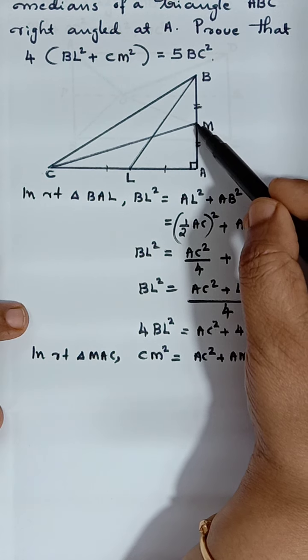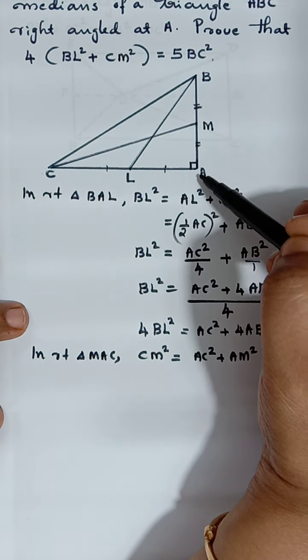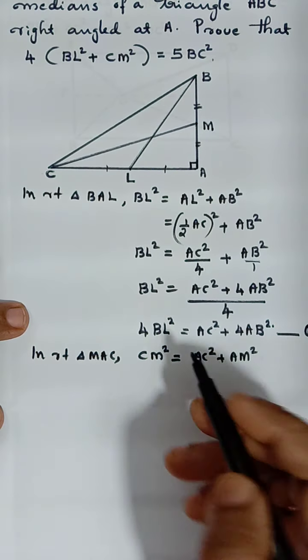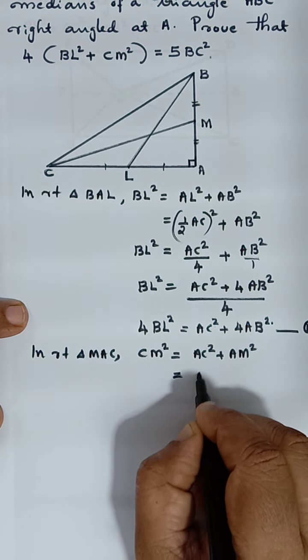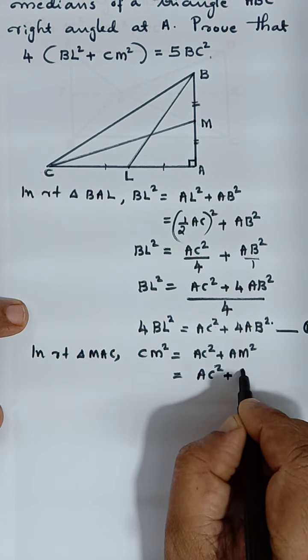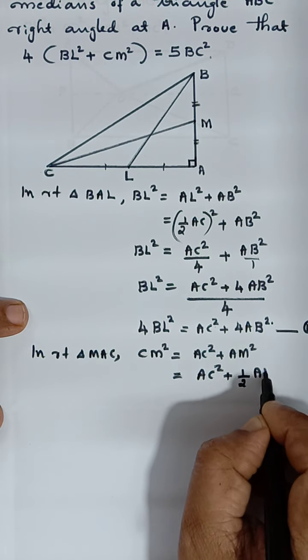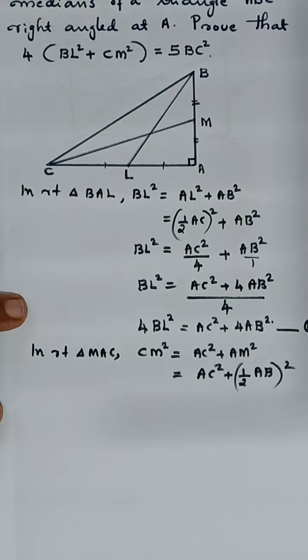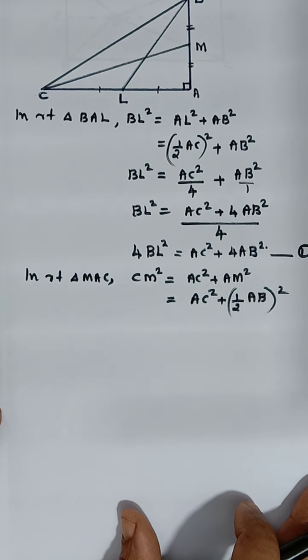What is that AM? As M is the midpoint of AB, AM is half of AB. So instead of AM, I write half AB. So its square we write for AM square. Now simplify.